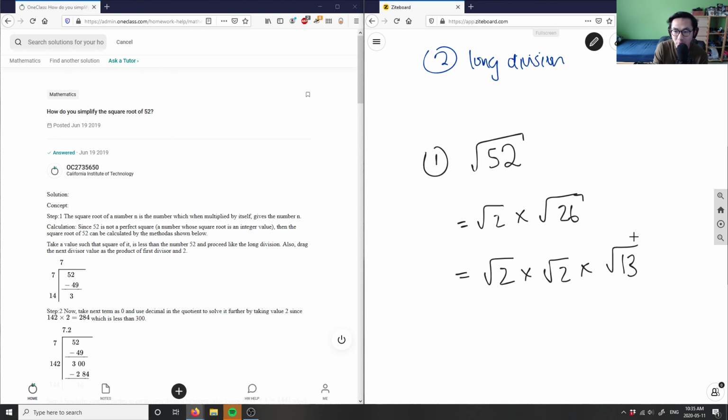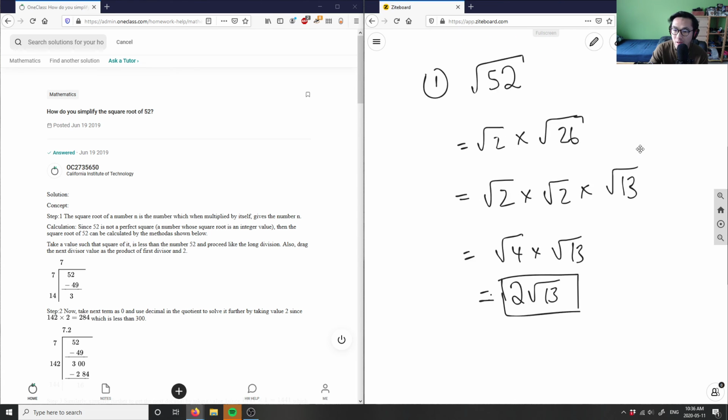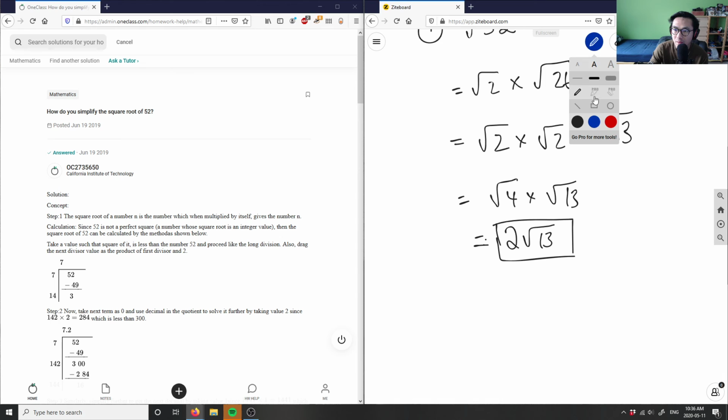Now, I know that 13 I can't break down into a smaller block because 13 is indeed a prime number. But what I can do is simplify these two guys here. Root 2 times root 2 gives me root 4 times root 13. I know root 4 is simply just 2, right? So 2 root 13 is my answer, an integer and a radical.